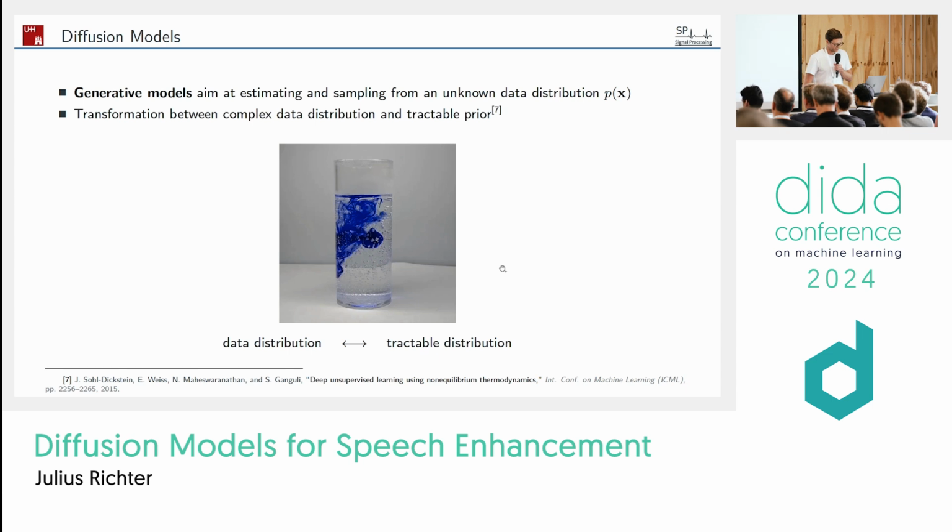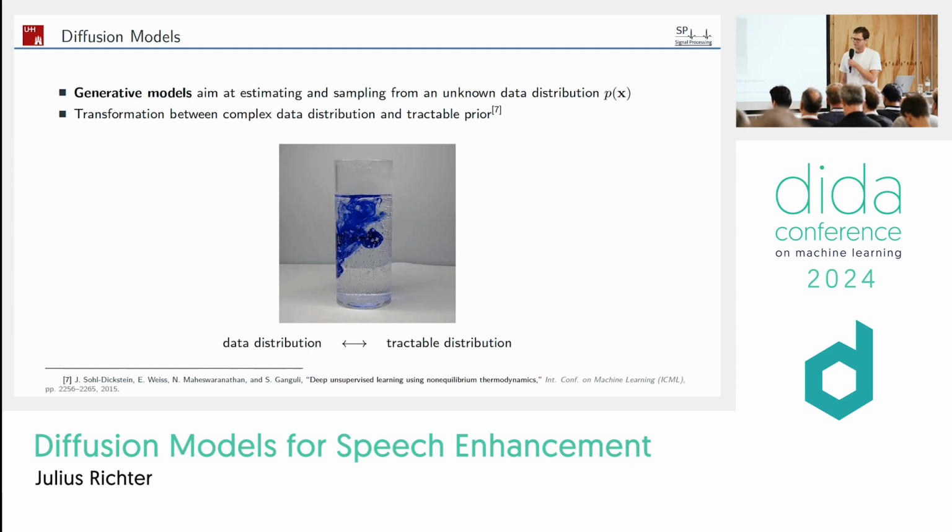All right, let's start with diffusion models. So diffusion models are essentially generative models that aim at estimating and sampling from an unknown data distribution, P of X. And specifically, diffusion models define this process with a transformation between a complex data distribution and a tractable prior from which you can sample.